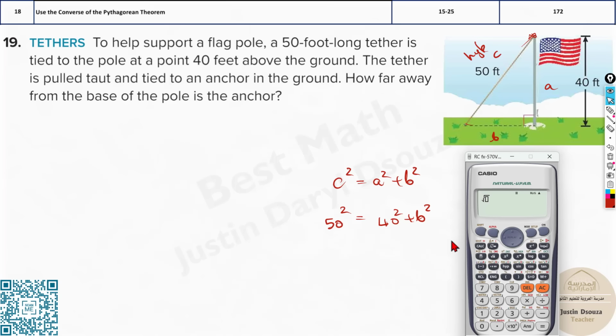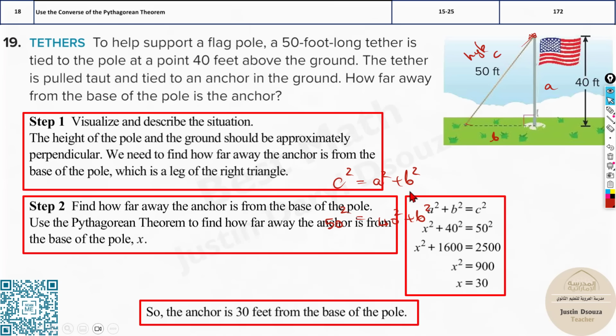Here, just find the correct answer. You don't need to show any methods. It's just 50 squared equals 40 squared plus x squared. Press alpha and x squared, shift and solve, and then press equal. Your answer is 30. So that will be the final answer. So the anchor is 30 feet away from the base of the pole. That's the distance.